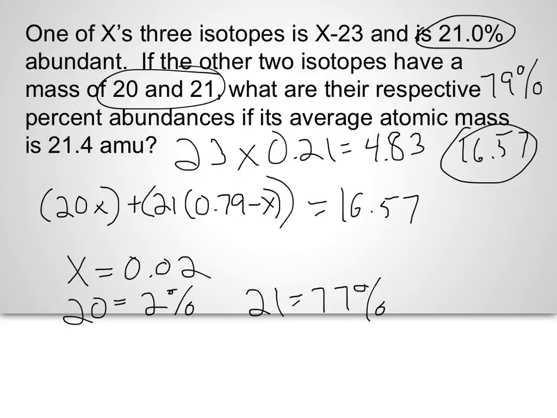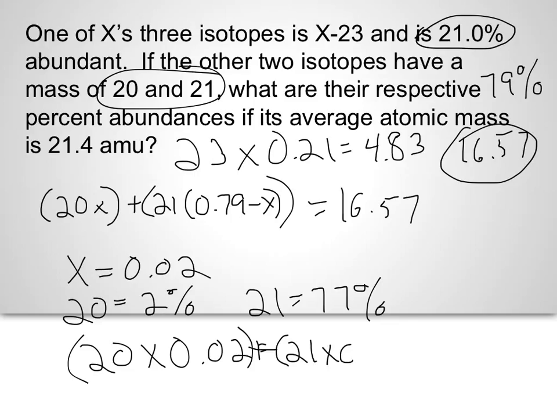And if you do that out, 20 times 0.02 plus 21 times 0.77, you get 16.57 AMU, which is the number we're looking for. If you switch the percentages around, it doesn't come out to 16.57, so that's how we know it goes this way.